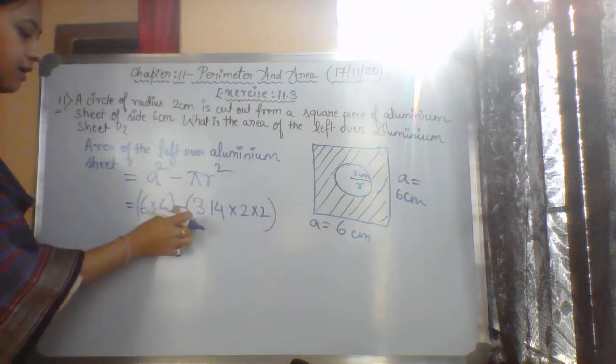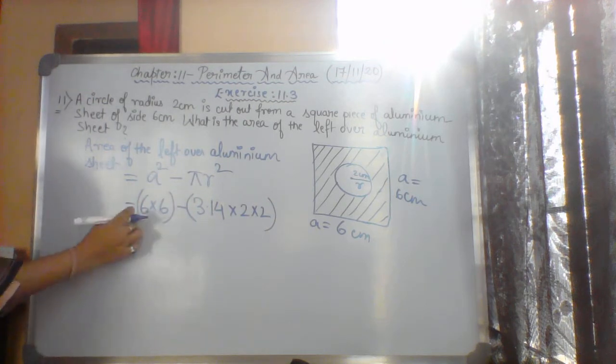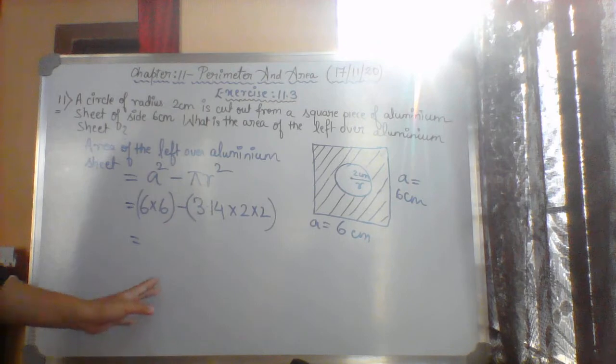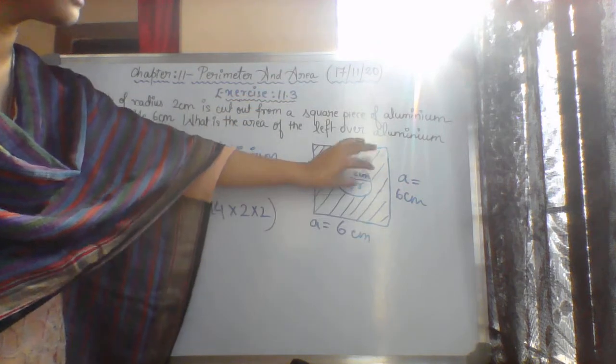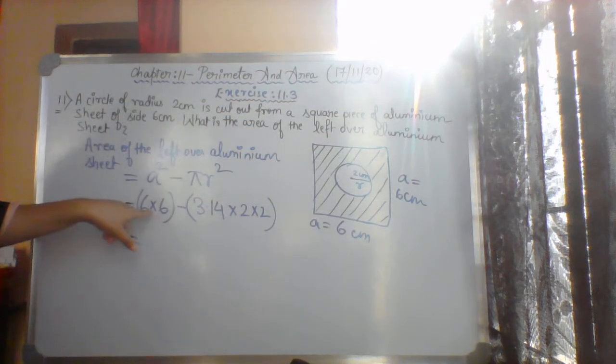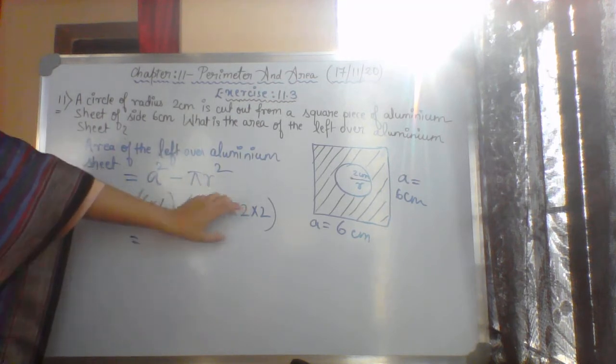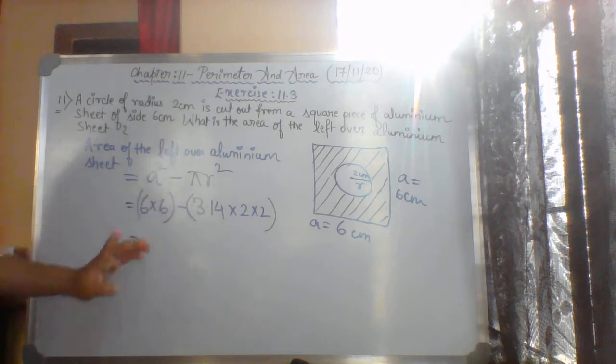Finally, I am going to write the unit. Now you multiply this by yourself. The concept is clear now: total area minus this circular region. That is why I have put the values. Total square area minus the circle area will give the leftover part of the aluminium sheet.